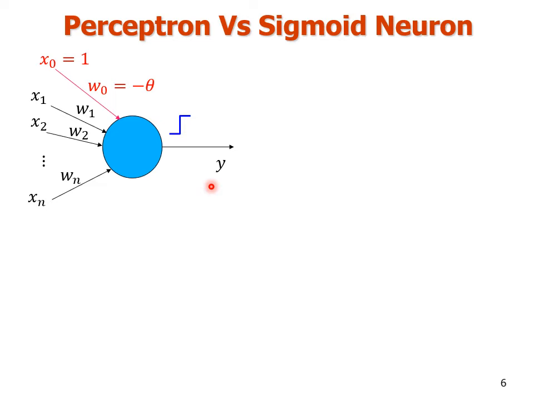So the expressions those we are using are given here: y equal to 1 if the weighted sum is greater than or equal to 0, and it is 0 if the weighted sum is less than 0. So this is a normal thresholding function, and by making use of this thresholding function as the activation function, we are going to make the decision whether output is 1 or 0.